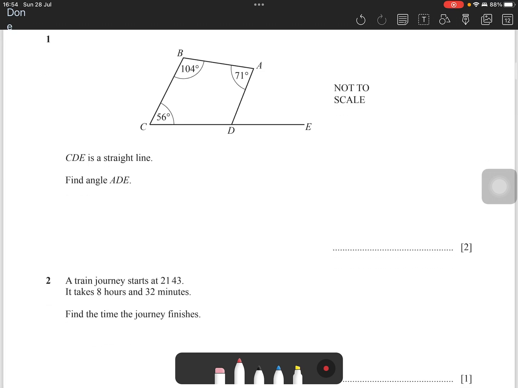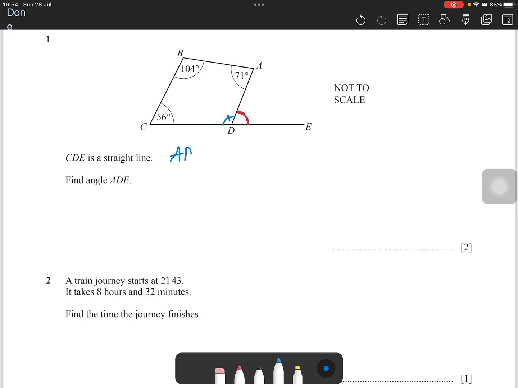Question 1. CDE is a straight line. Find angle ADE. ADE is this angle. And to find the size of this red angle, we need to find the size of the angle ADC first. ADC is an angle in the quadrilateral ABCD.